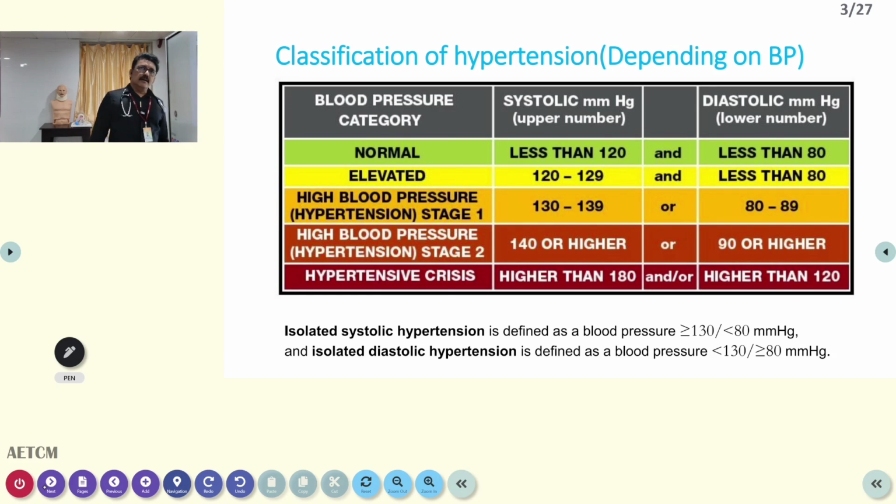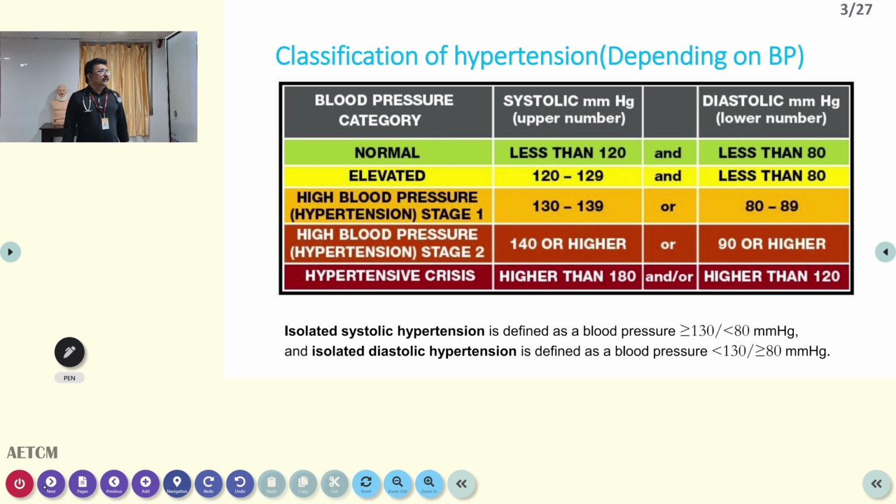Now there are different classifications given for hypertension. It can be the JNC 8, Joint National Committee 8 classification, the WHO classification, or the European Society of Hypertension classification. Whatever it is, there is a lot of confusion in that. I have taken one classification, which is mostly similar to the JNC classification.